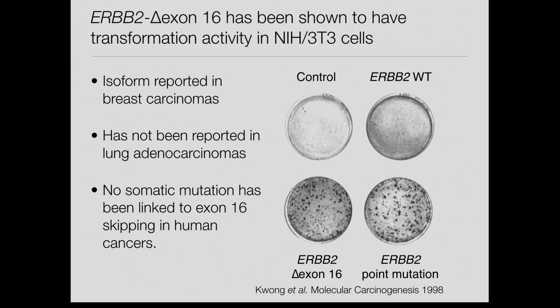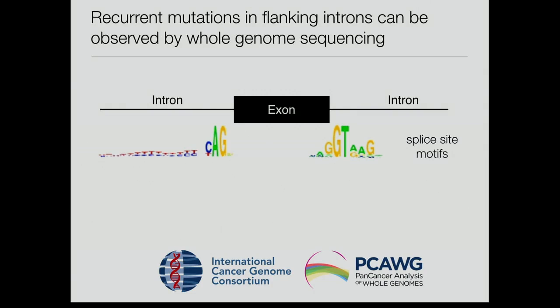So far, this isoform was reported in breast cancer, it had never been reported in lung cancer, and no somatic mutation had ever been linked to that exon. And again, ERBB2 is one targetable cancer alteration, and so we're interested in following up on this.